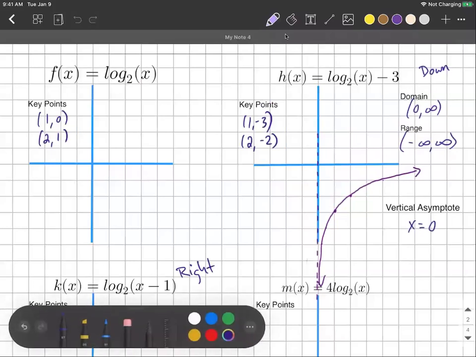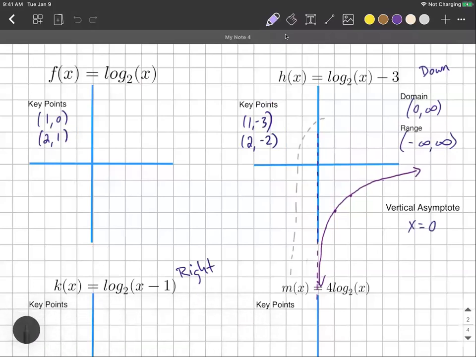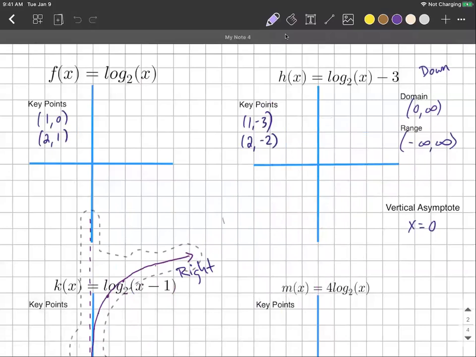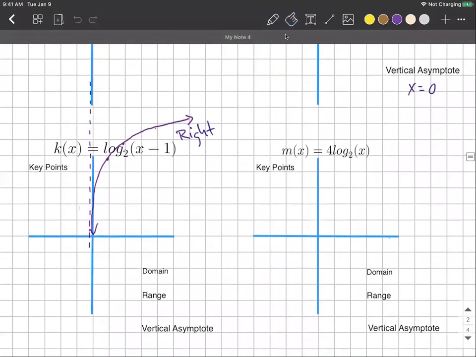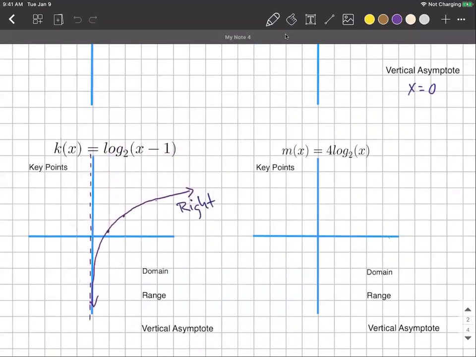So I'm going to pick up our graph again. This is the log base 2 of x graph, and I will move it down here. Now I had identified the vertical asymptote using dash lines to indicate where that is.